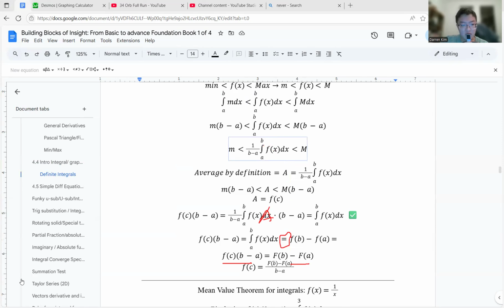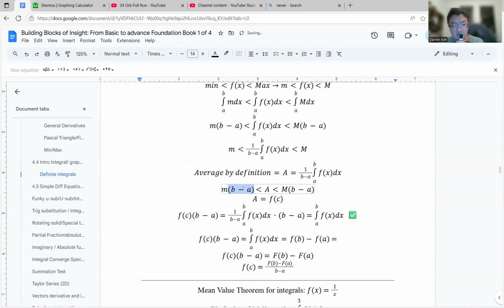I messed up hard here. What the hell did I do? Oh, I think I just have to get rid of this because this is f(c). The average is f(c). Oh, I see.